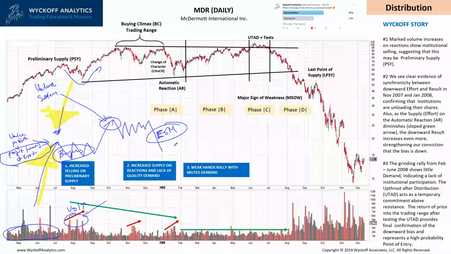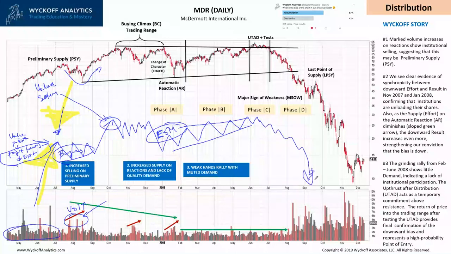That tells you that you don't have any legs behind you, right? So then what do you do? You try to avoid being in trouble by not exerting a lot of energy. That's what this rally is about. And then you're gradually just going to collapse and capitulate at some point, and you're going to lose that fight. So that's how this fight in McDermott was lost by the buyers.